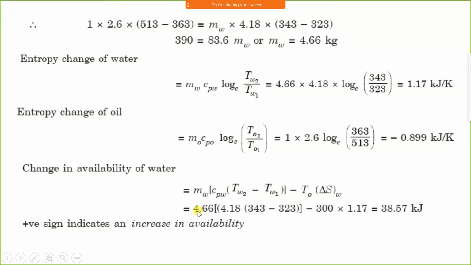MW is the mass of water, that is 4.66, specific heat of water 4.18, final temperature of water 343, initial temperature of water 323 Kelvin minus T0. T0 is the atmospheric temperature, which is 300 Kelvin, times the change in entropy of water, that is 1.17 kilojoule per Kelvin, and the change in availability of water is 38.57 kilojoule.